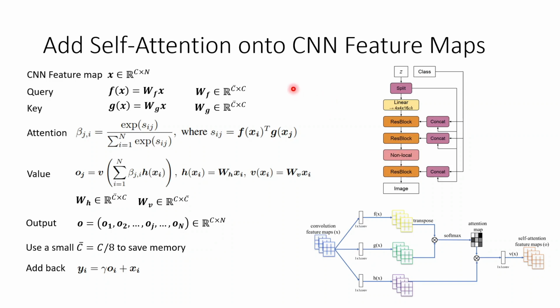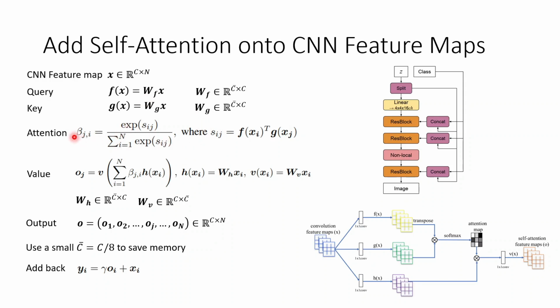This is the definition of self-attention. Do you still remember self-attention? We saw the definition in our previous lecture. If there is a query vector and a key vector, their product generates the self-attention value, which is the softmax of those inner products.